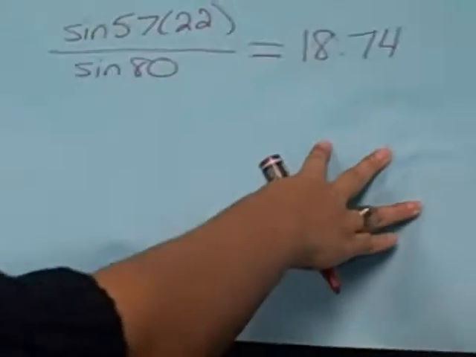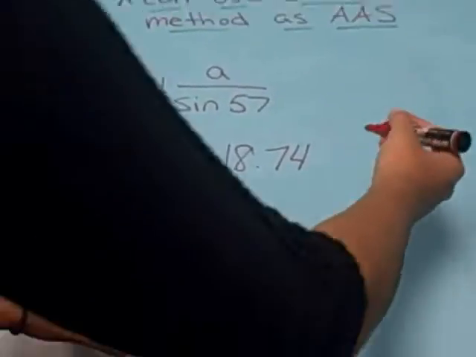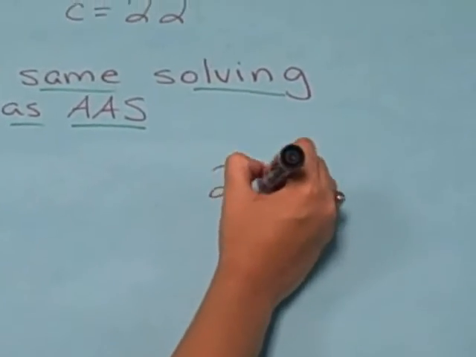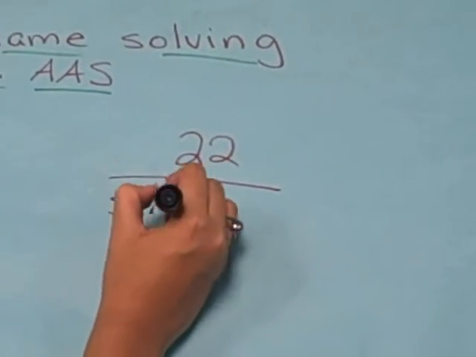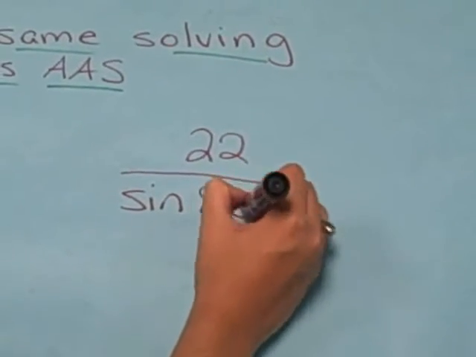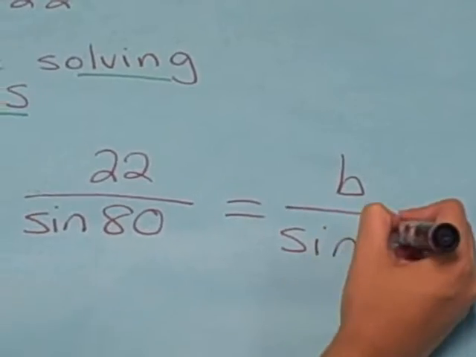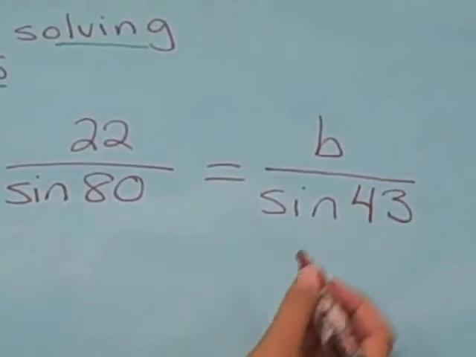So we'll plug in little c and big C, since we used that for the first solving. So we know that little c is 22 over sine 80 for big C, and we'll find little b over sine 43, because that's what big B is.